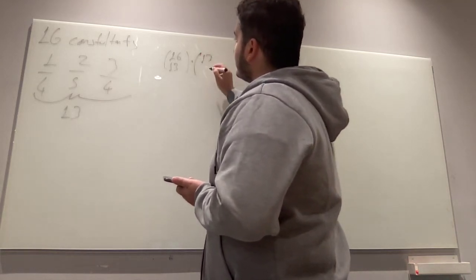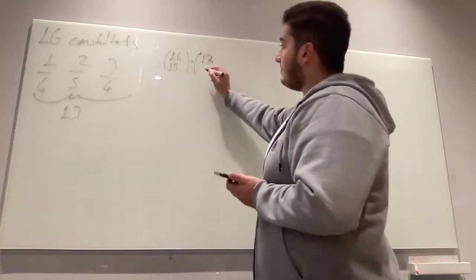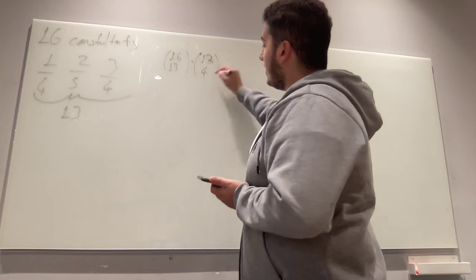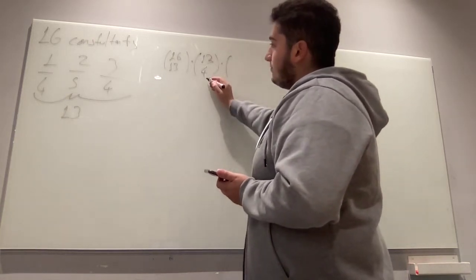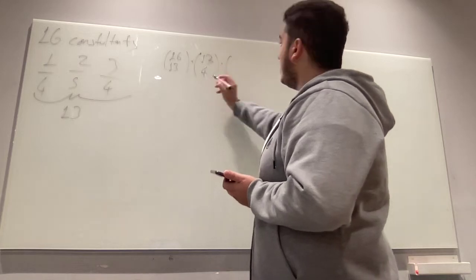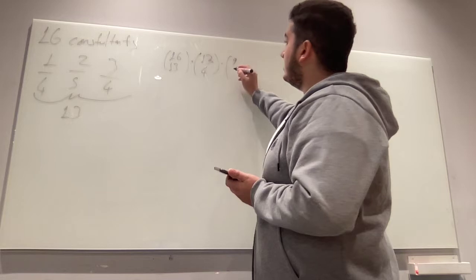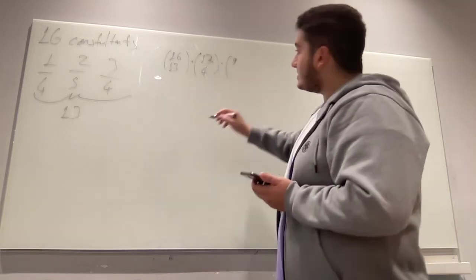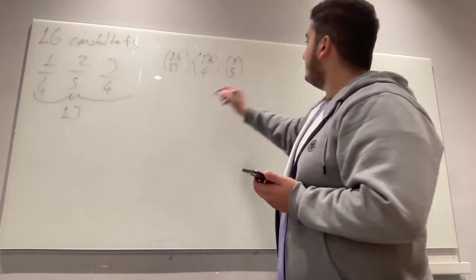I have 13 consultants to work on projects, and I need to choose 4 of them for project 1. I have already chosen 4 consultants for project 1 from 13, so I have 9 consultants remaining to work on other projects, and I will choose 5 of them for project 2.